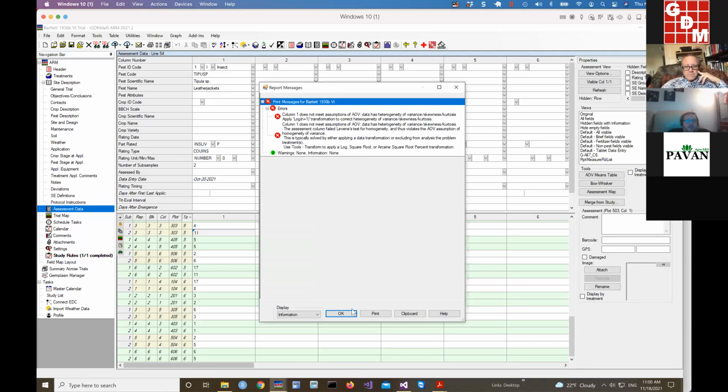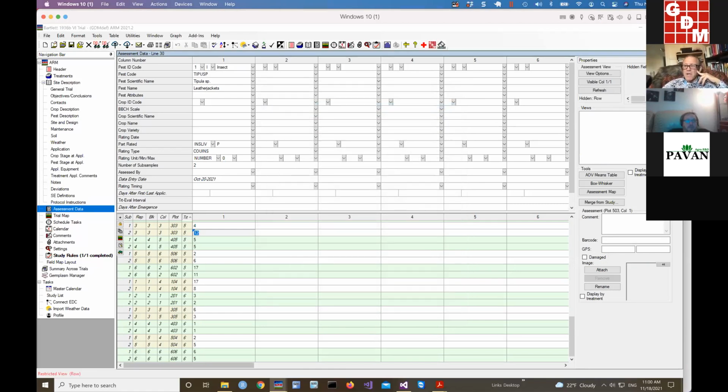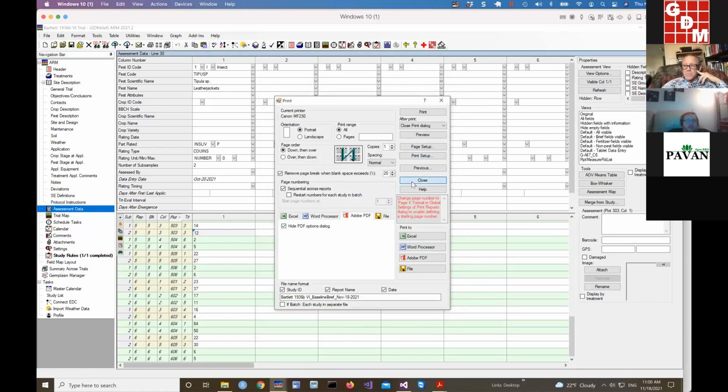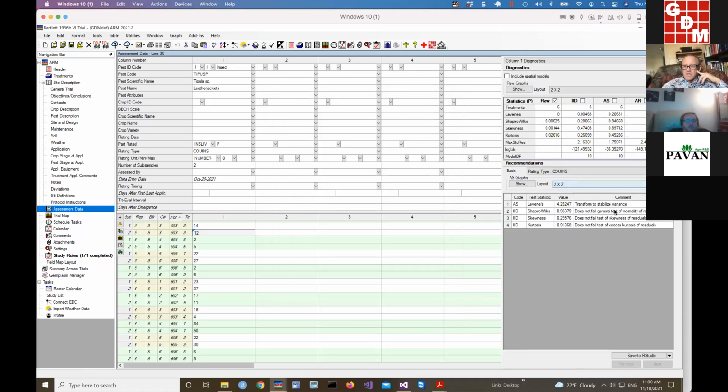I tend to prefer not using these in favor of the column diagnostics, where you actually look at the data. In the diagnostics dialogue, we will make recommendations for transformations only if the data fail the initial test of heterogeneity of variance. That is, if we have a significant p-value in the diagnostics for Levene's test, Shapiro-Wilk, skewness, and kurtosis.